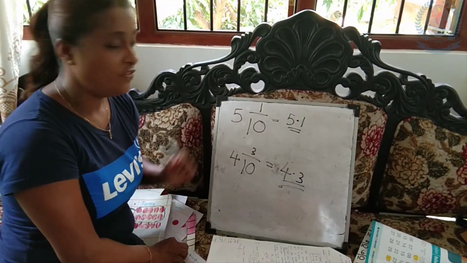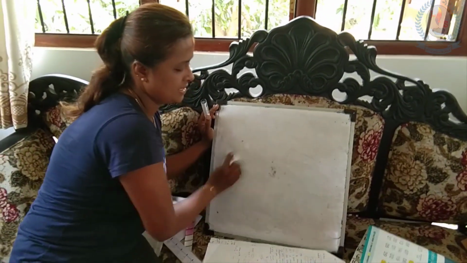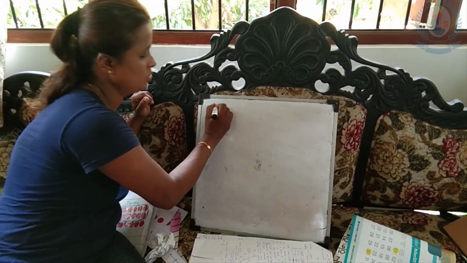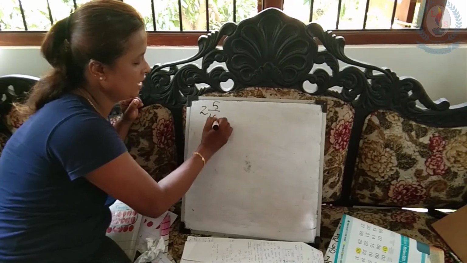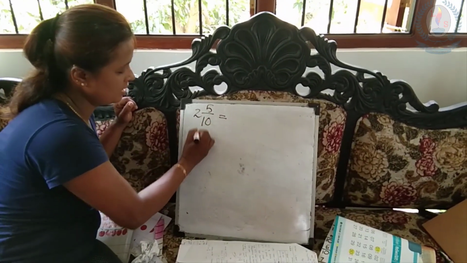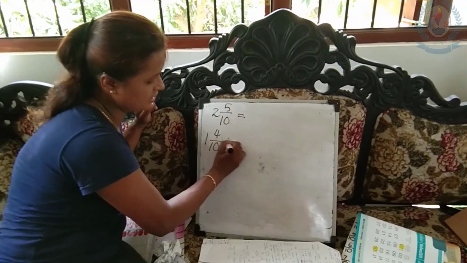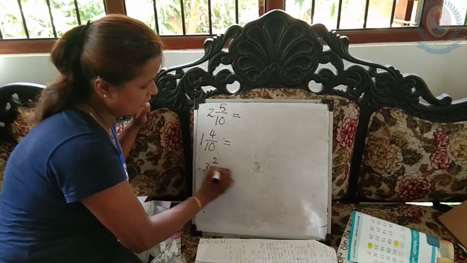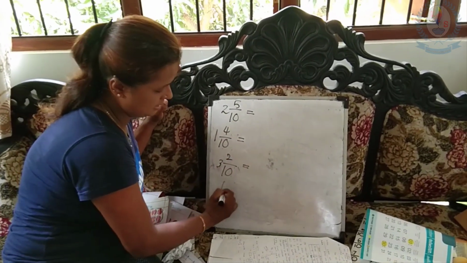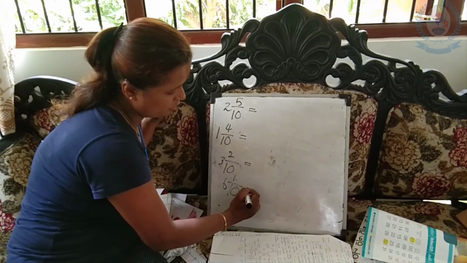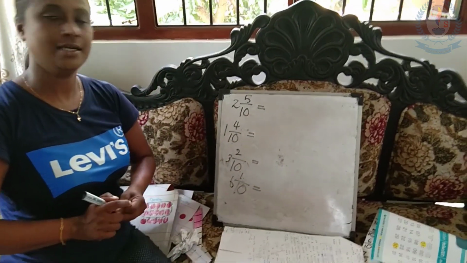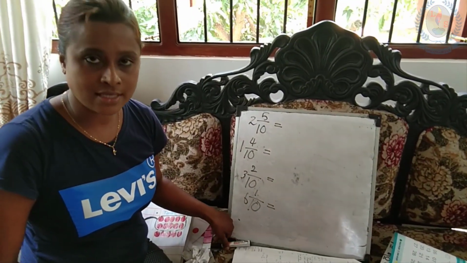Okay. Now I will give you some mixed numbers. You try to write them as decimals. 2 and 5/10, 1 and 4/10, 3 and 2/10, 6 and 1/10. Okay, now I think it's clear to you.